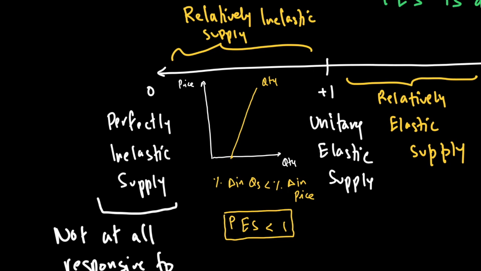An important thing that I want to explain here, and we need to remember this: when you look at a relatively inelastic supply curve, although PES is less than 1, if you keep on increasing prices, let's say from P0 to P1 to P2, the elasticity of supply will actually go up.